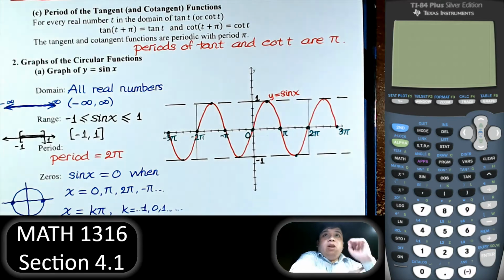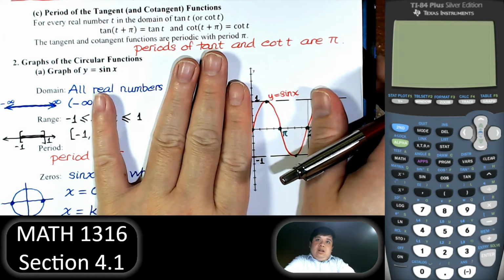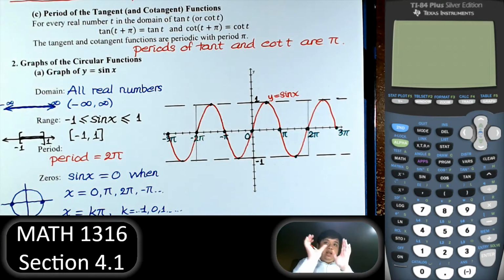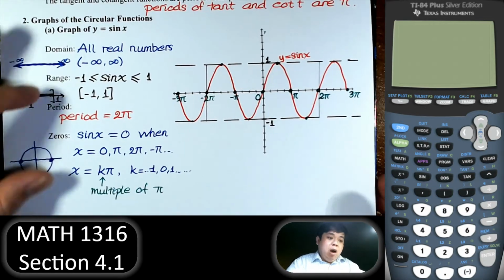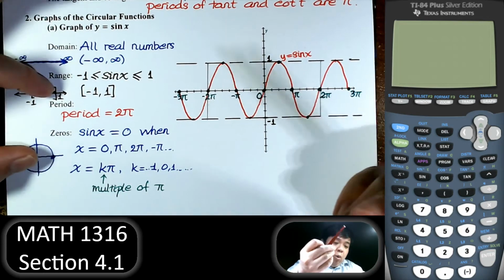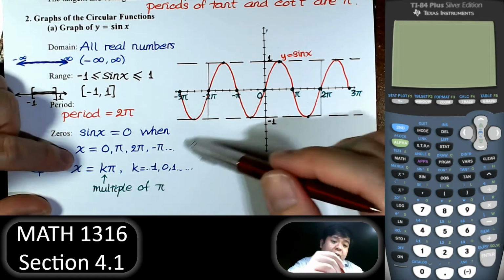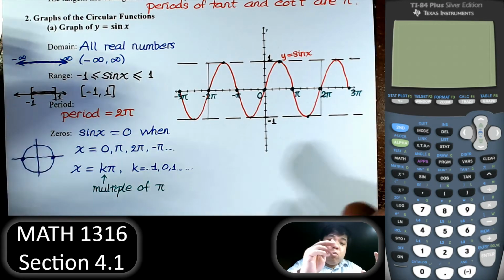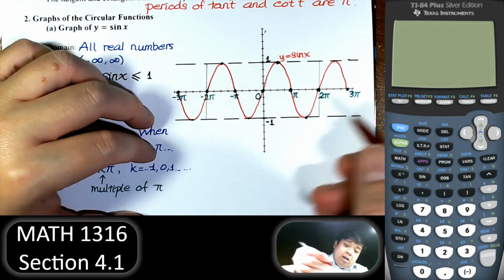So when we graph the sine function, focus on one period, and then we just copy and paste each period throughout the whole graph. And be mindful of this information. Domain, all real numbers, range from -1 to 1, the period 2 pi, and then we have the graph. Now the most important thing when we graph this is the pattern of the sine function.